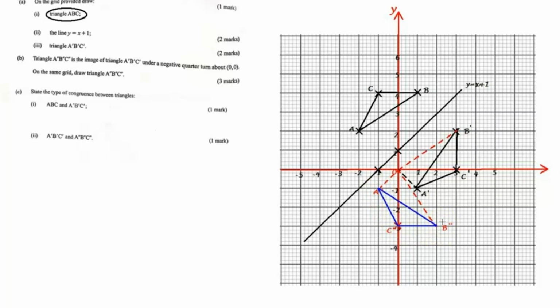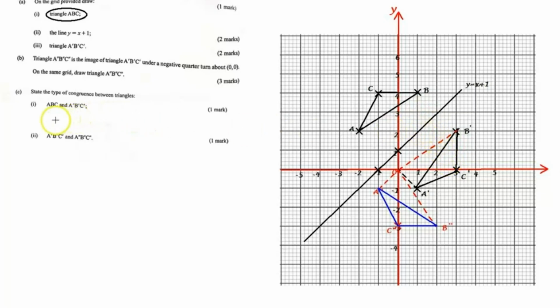So that is it. And therefore, after that, you are able to answer the question: state the type of congruence between the triangles. We have the triangle ABC and A prime, B prime, C prime. In this case, the type of congruence is oppositely congruent, because for it to fit, it must be flipped so that it fits the other one.